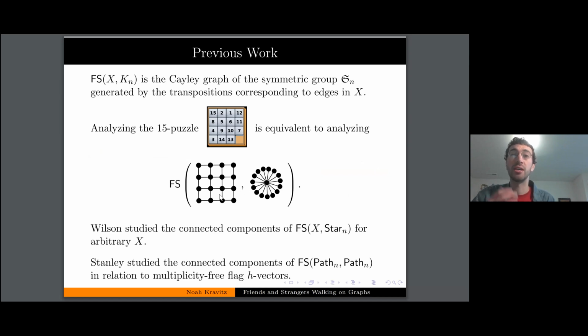We have this invariant modulo 2 for bijections that are in the same component of the friends and strangers graph, and Wilson's result tells us that if you have two bijections with the same value of this invariant, then they are guaranteed to be in the same connected component. So to answer the question, if there's no parity obstruction to getting from one arrangement to another in the 15 puzzle, then you can indeed get from one to the other.